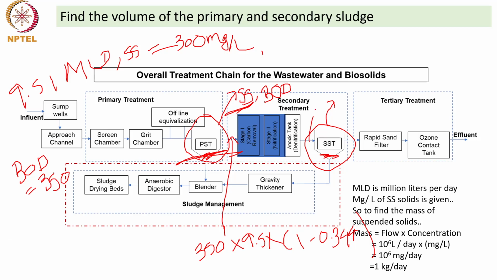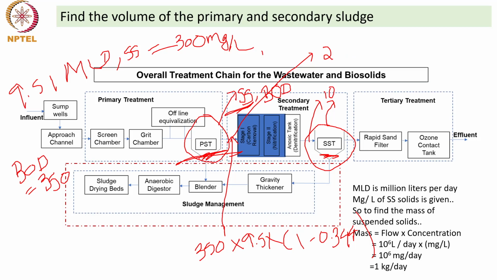And BOD entering, don't tell me in terms of kg per day, in terms of concentration without multiplying by 9.51, the answer will be 229, I guess.